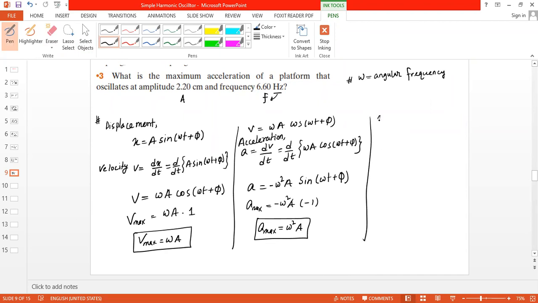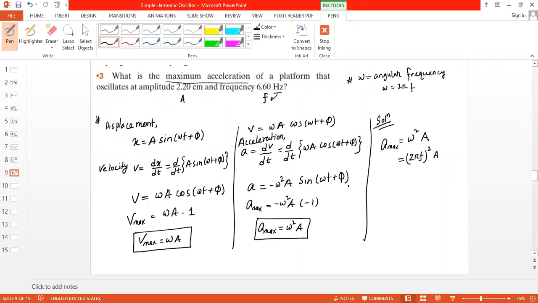Solution. They are asking for the maximum acceleration, and this is the expression for it. So a max is equal to omega square a. Omega means 2 pi f, we defined that a while ago. So it is (2 pi f) whole square times the amplitude. f is given here as 6.60 and a is 2.2 centimeter.